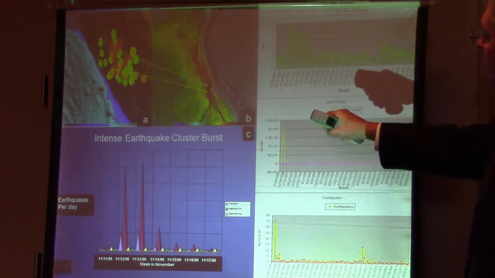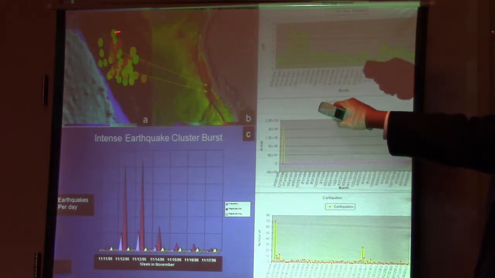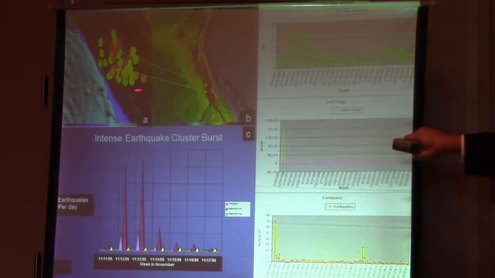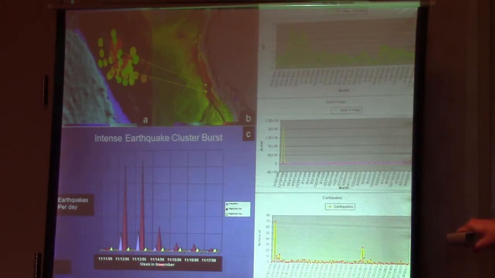So we see two distinct clusters of earthquakes, and the earthquakes occurred over about a 2-3 day period. It was an intense clustered burst that lasted about 3 days. You had some residuals later, but most of the effects were very rapid, very quick in time.